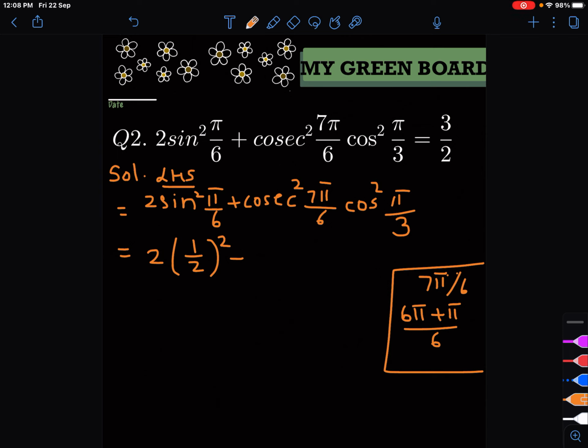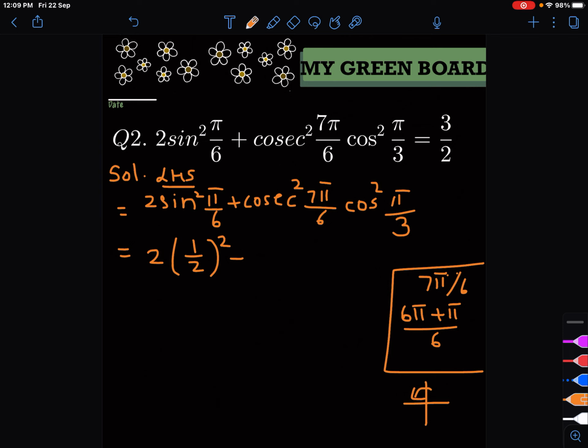Now one more thing is that we have to take the sign of cosec here, the quadrant, that is, we are going to take plus pi by 6. So you will be getting a minus sign, because cosec is minus in this second quadrant.